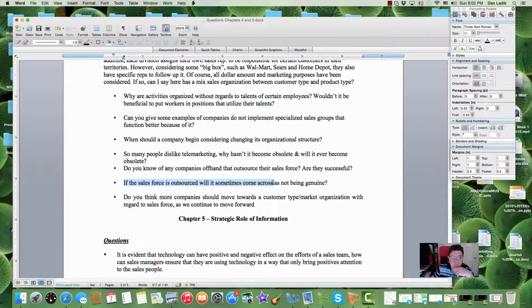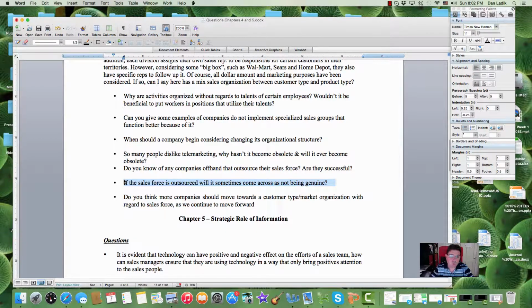If the sales force is outsourced, will it sometimes come across as not being genuine? No. Because these rep firms are trained specifically. They are only allowed to carry one particular company for that product line.